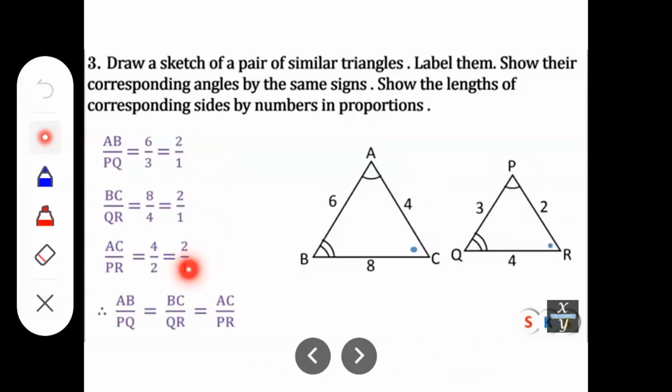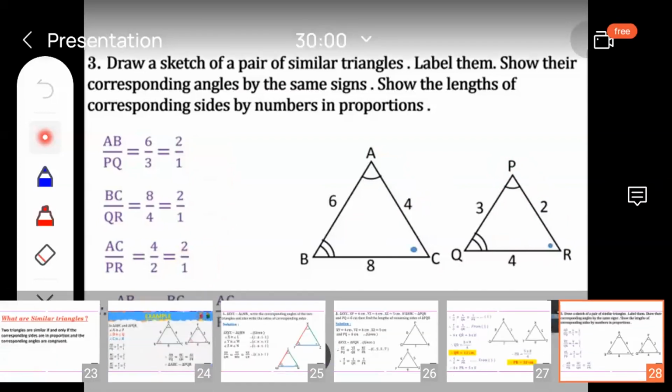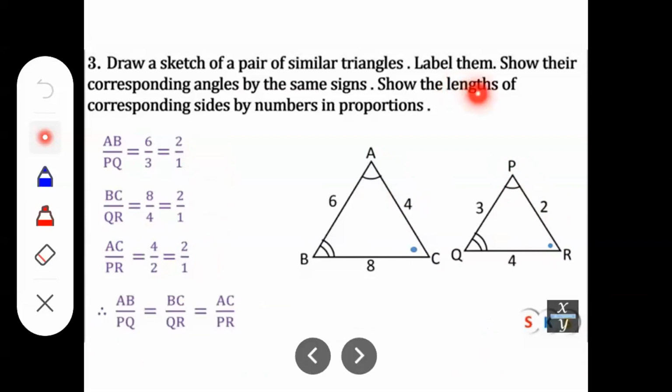So the ratios of corresponding sides of those two similar triangles are in proportion, which is the last condition: the lengths of corresponding sides by numbers in proportion. Here the sides are in proportion with the same value.